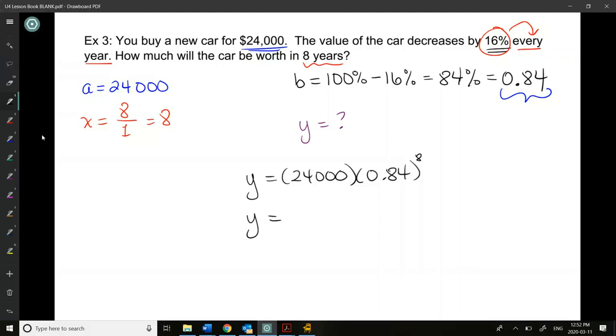So what do we get? 1387. This is money, so we are going to round to 2 decimal places.